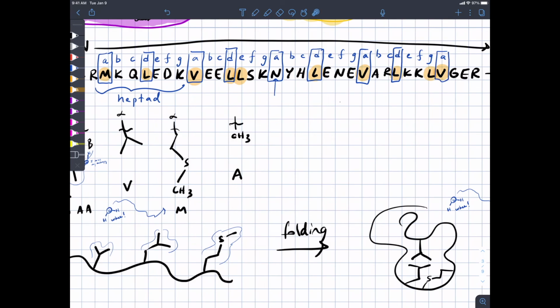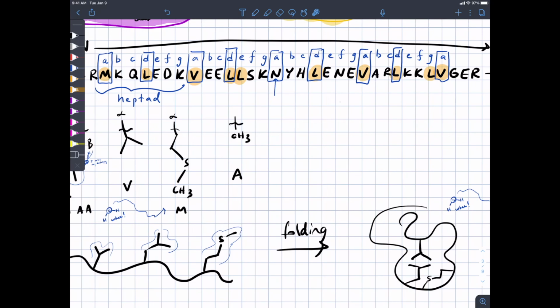There are a couple of places where nonpolar side chains are at positions other than A and D, and there is one A position that has a polar side chain. But every 7 amino acids, we're repeating back to a nonpolar side chain at the A and D positions.